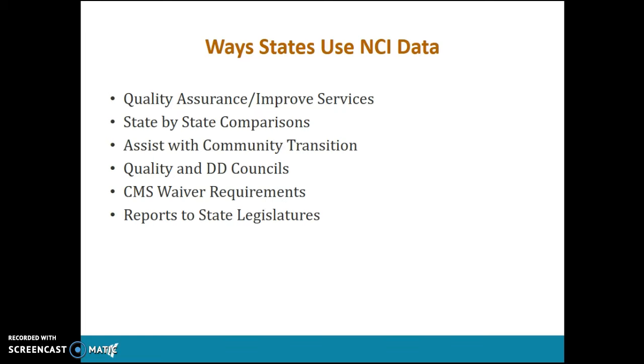And what this means is that we have a number of states that are using NCI to at least focus in part on individuals who are moving from institutions into the community. A number of states have quality and DD councils who review NCI data at least yearly and make recommendations to the state on areas of focus. States use data for CMS waiver requirements and also to report to state legislatures.